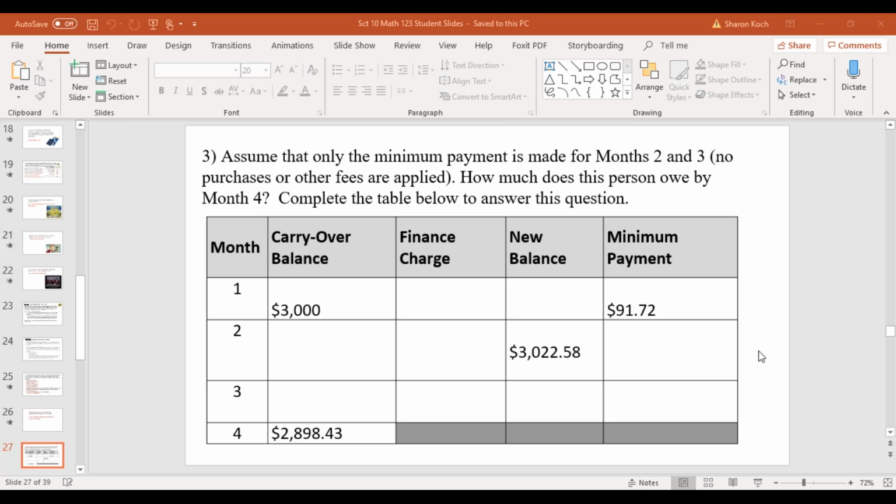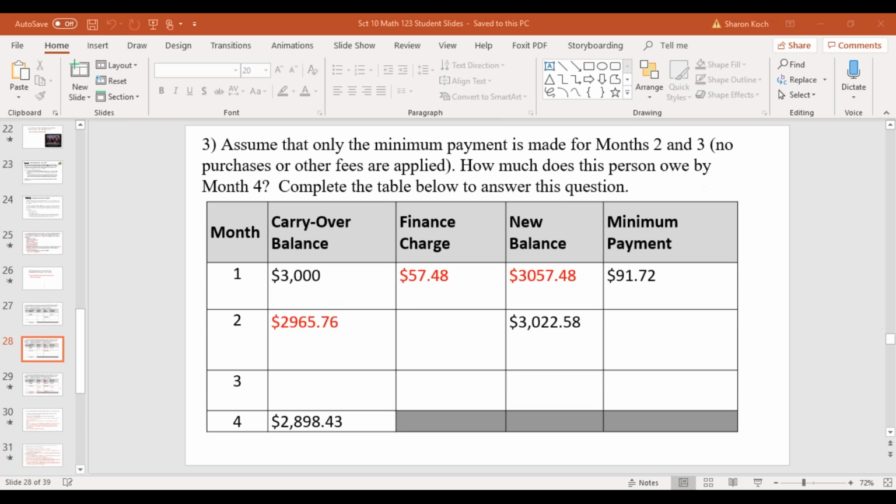Hint, hint. Okay, so we're going to just look at the same exact thing, only we're going to follow this over for a number of months. And notice that they filled in a few of these values along the way to make sure we're on the right track here. Okay, so the finance charge, remember we're going to take APR, divide it by 12, then multiply by $3,000.